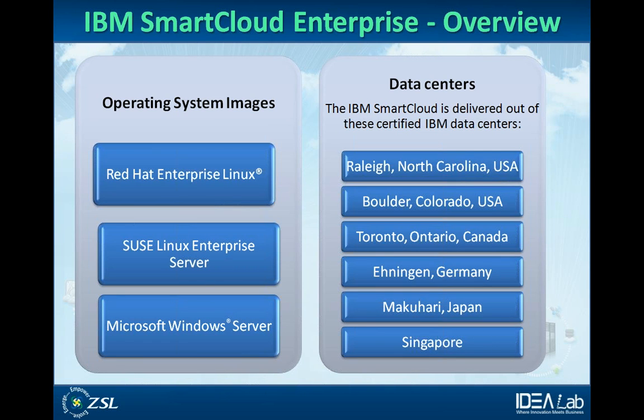Some of the other operating systems that are available in SCE right out of the box are Red Hat Enterprise Linux, SUSE Linux, and Windows Server. Another unique feature with IBM Smart Cloud is that you are able to bring in any operating system that is x86 compatible.